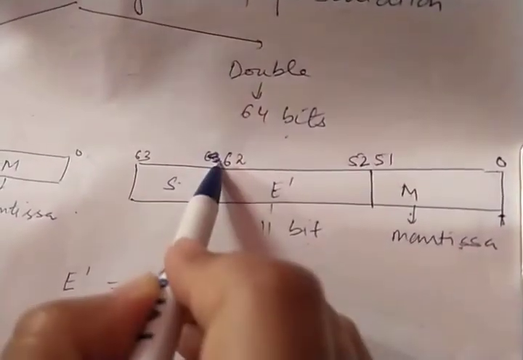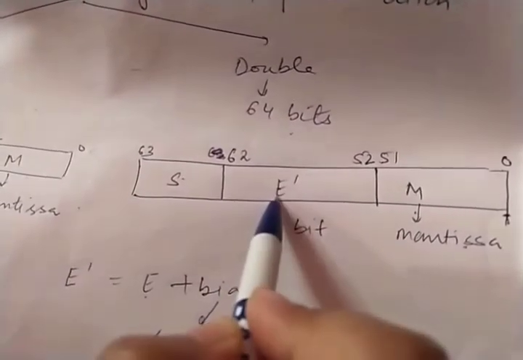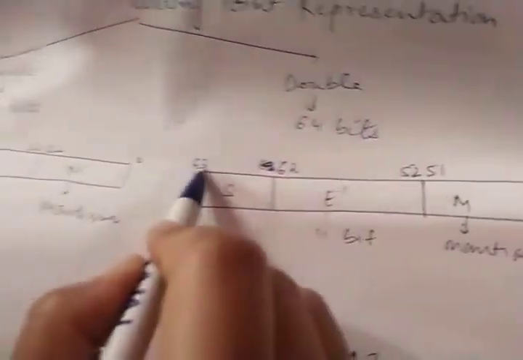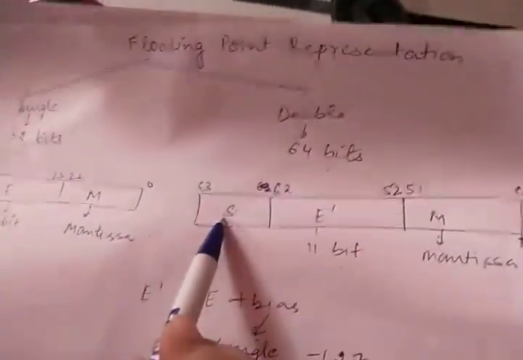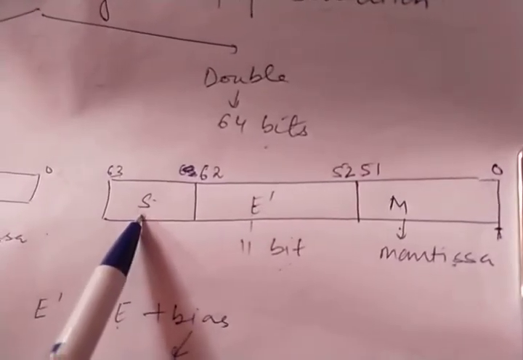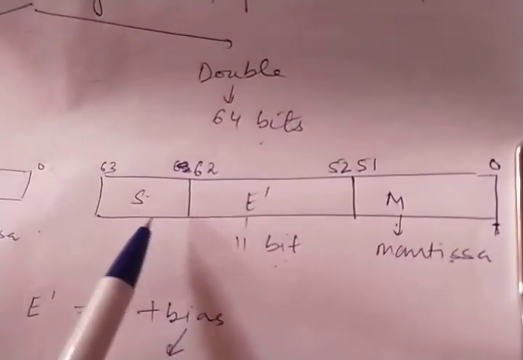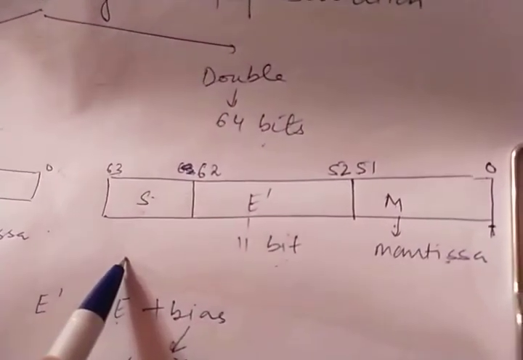Bits 52 to 62, which equal 11 bits, are reserved for the exponent part, and bit 63, that is only 1 bit, is reserved for the sign bit. The sign bit has the same concept: if the sign bit has value 0, the number is positive, and if it has value 1, the number is negative.